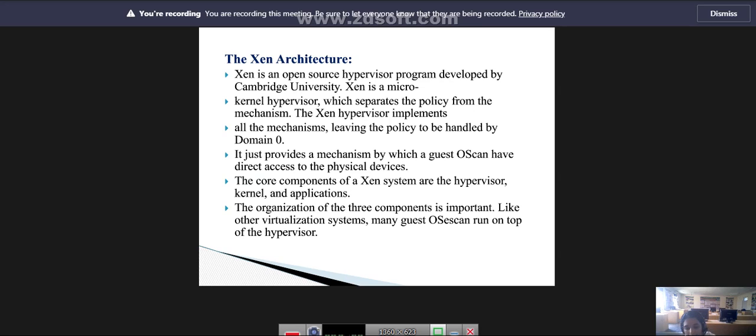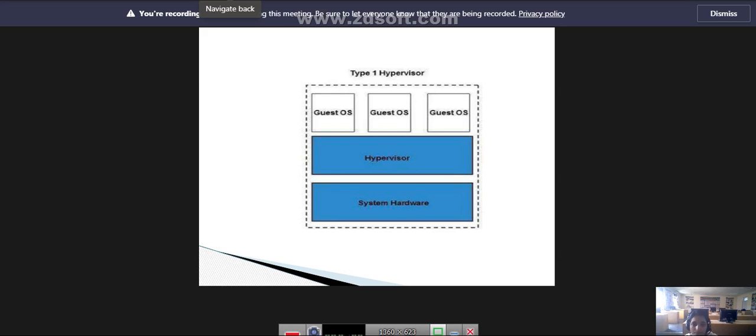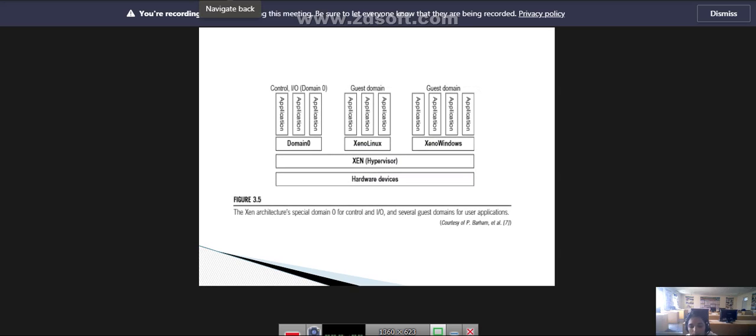The privileged guest operating system which can control the hardware is called domain 0. This is domain 0, this is XenoLinux, XenoWindows, this is the Xen hypervisor, and this is the hardware device. So this is the diagram of the Xen architecture, and now I will explain it.